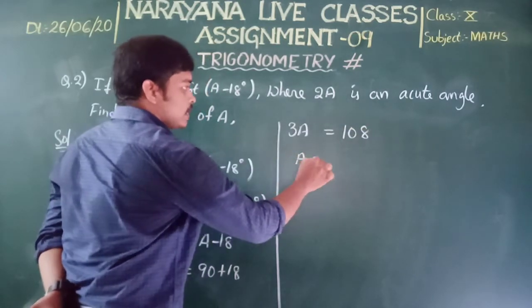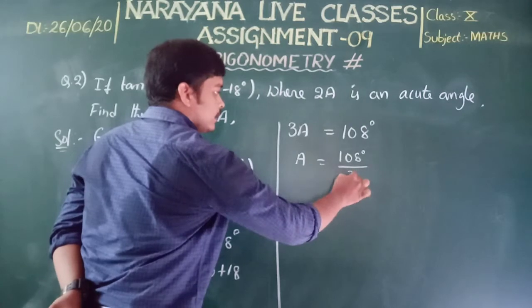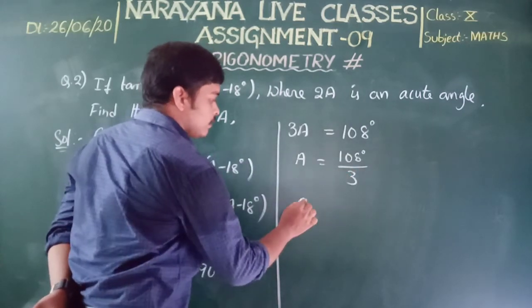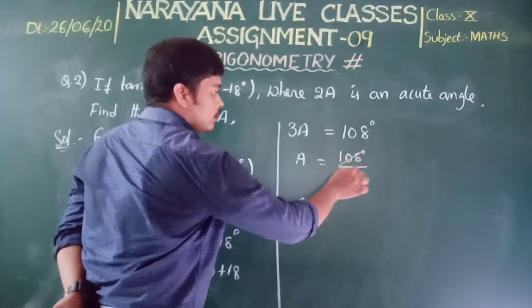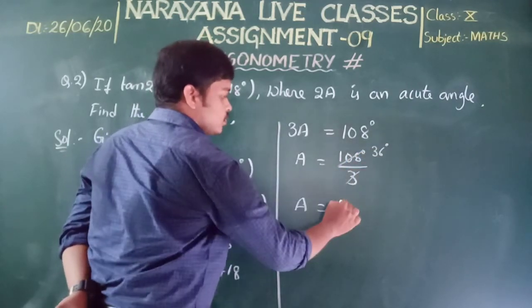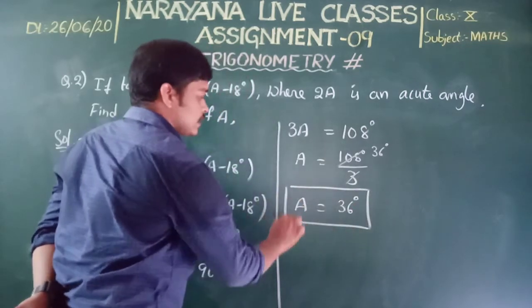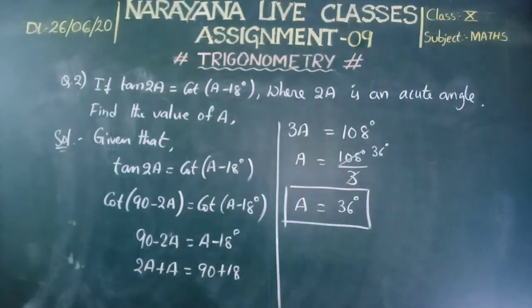So A is equal to 108 by 3. Therefore A is equal to 36 degrees. The value of A is 36 degrees.